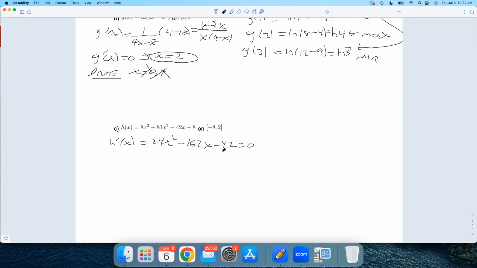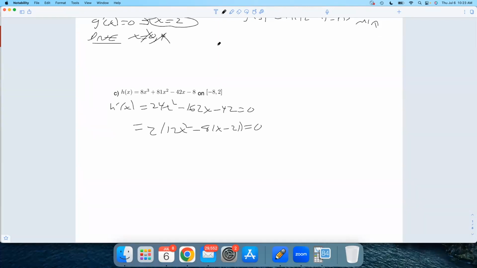We can definitely pull out a factor from everybody. We're going to have to do some crazy factoring here. Just a 2. That would be 12x squared minus 81x minus 21 equals 0.